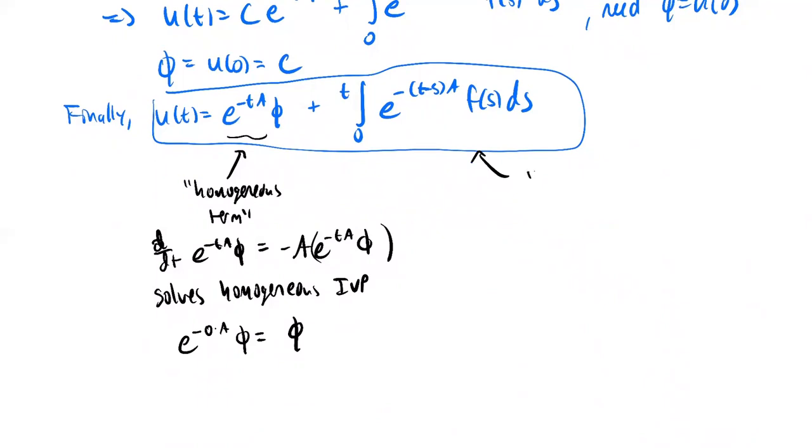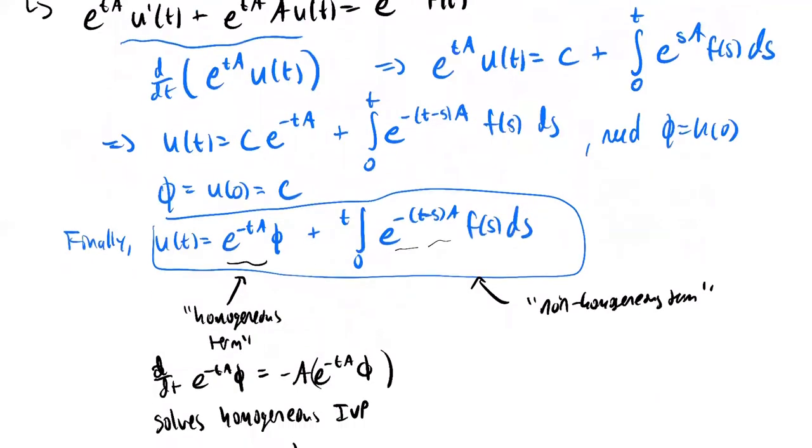And then this is like your non-homogeneous term. And so notice that I have this e to the minus ta function here, but it's just been shifted by this factor s. So it's kind of like I'm applying this homogeneous term to my function f instead of phi, but I'm doing it for all previous times and then integrating from 0 to t.